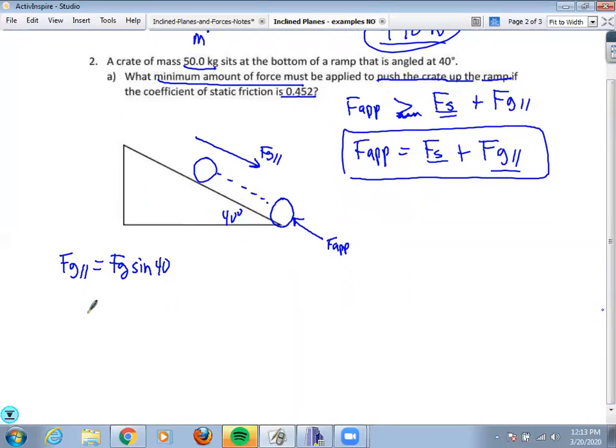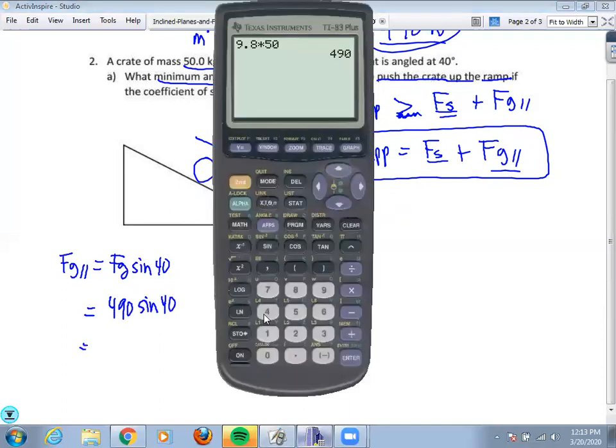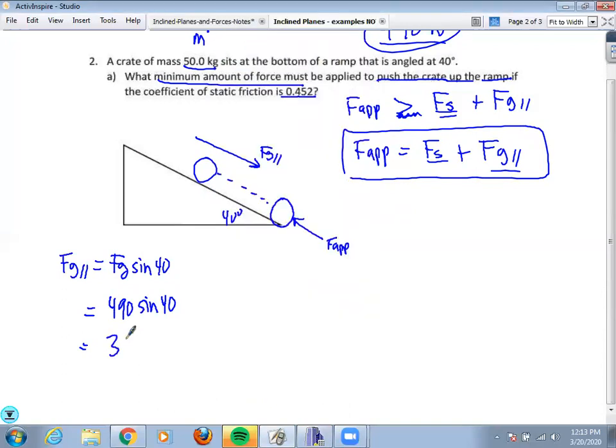So Fg parallel would be 490 newtons times sine 40. And we'll figure that out. 490 sine 40 yields 314.96. Okay, so for ease of this, we'll take it to 315 newtons, and that would be down the plane.